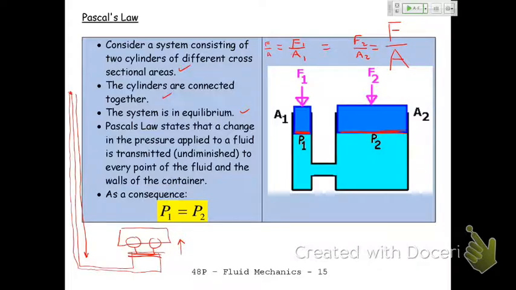Because the amount of volume in this system is always the same. So if I want to raise this by a certain amount, I've got to provide that liquid by having this descend by a certain amount.